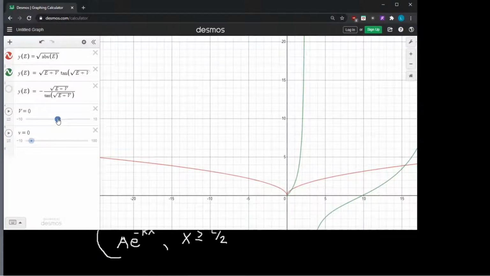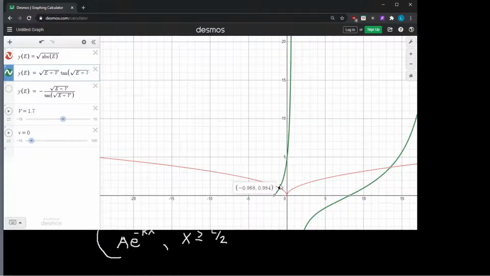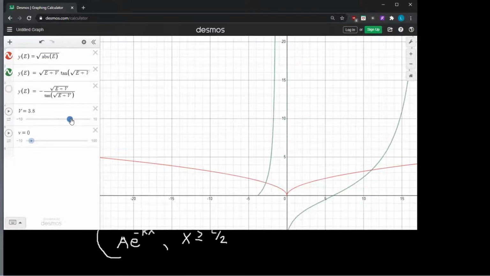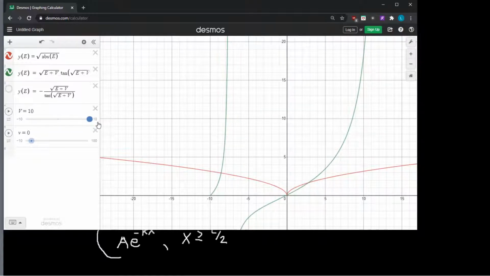But you can watch as we increase the value of V. If I have a pretty shallow well here, you can notice that this thing moves, and I have an intersection here. So I have an eigenvalue with eigenenergy minus 0.968, and one eigenstate for this value of V. But as I increase V, you can see the lines getting closer.